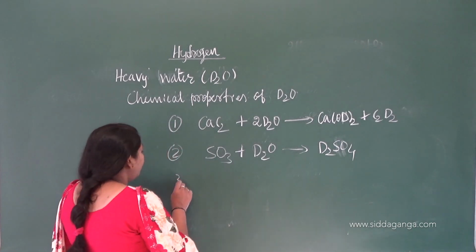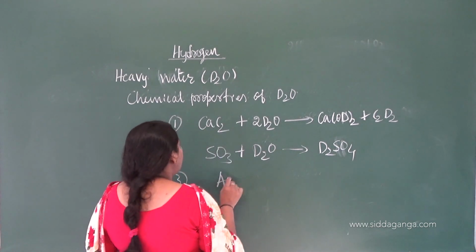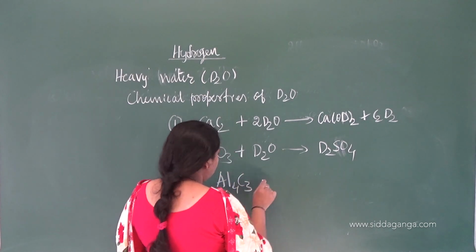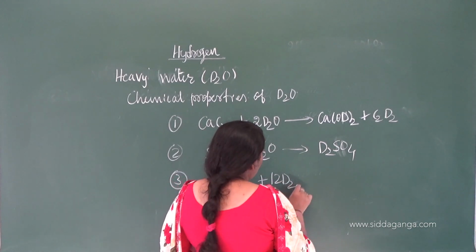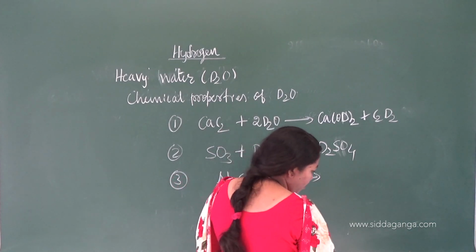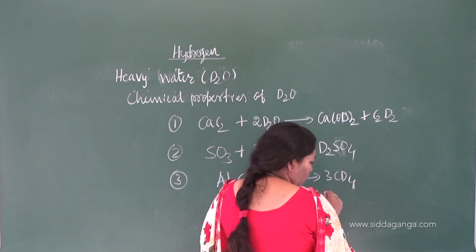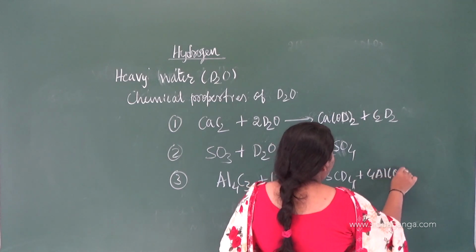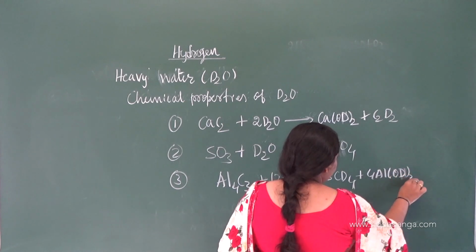So, one more important chemical reaction we can note down here, that is with the aluminium compound Al4C3. If it reacts with deuterium oxide, or you can say heavy water, it will form 3CD4 plus 4Al(OD)3.